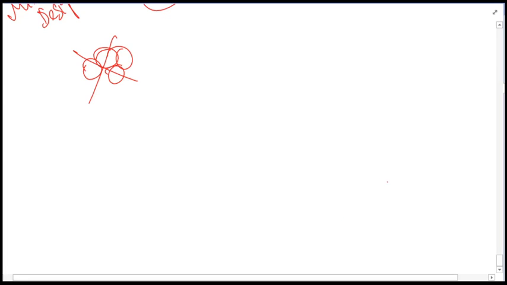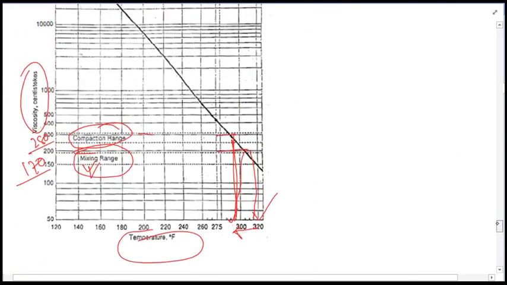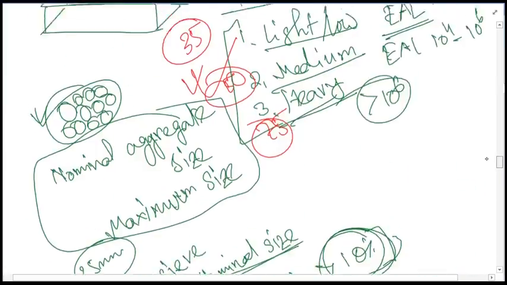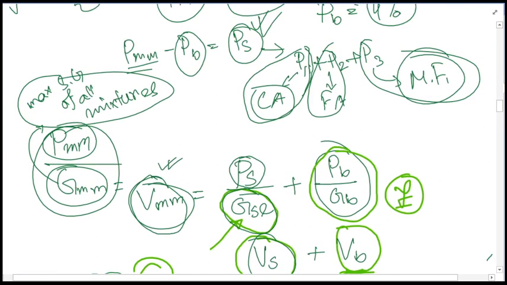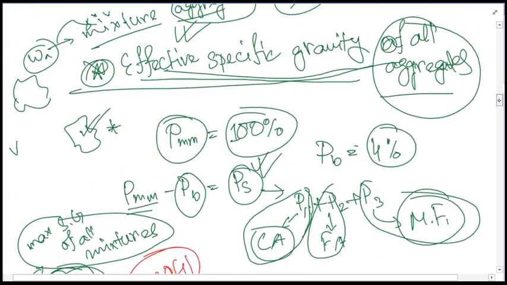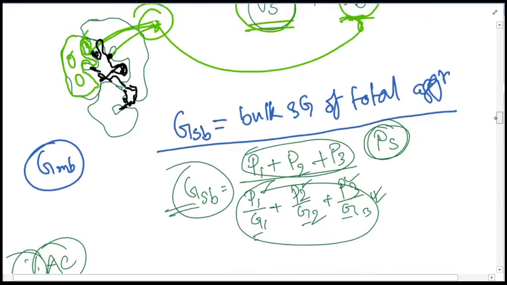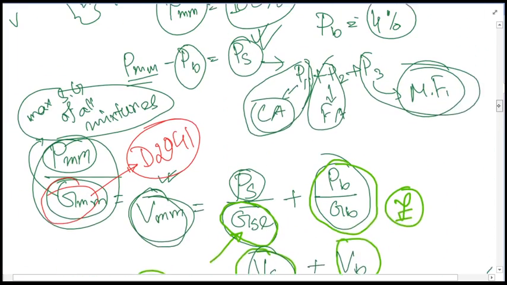I need to say about this thing that previously we have talked about GMM. If you recall, we have discussed GMM, and how to determine it. GMM is the maximum specific gravity, and for this there is a specification, D2041, according to which this specific gravity would be used. But for our convenience we have made it a shortcut.